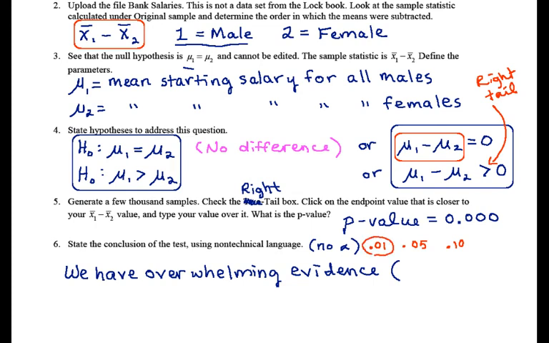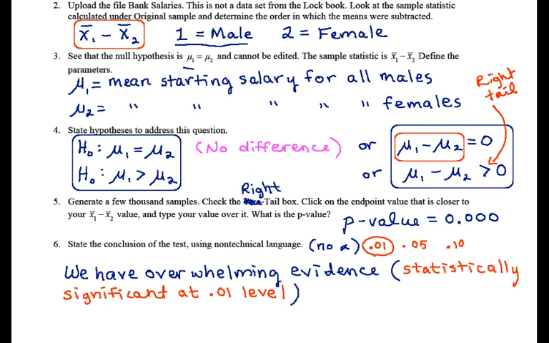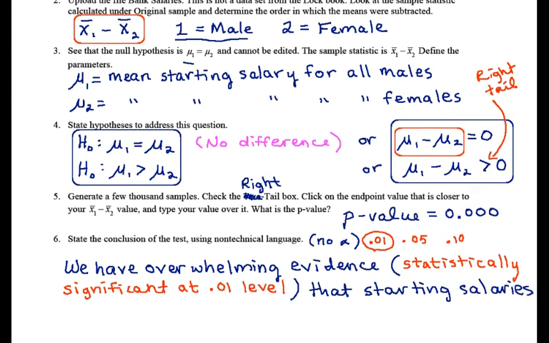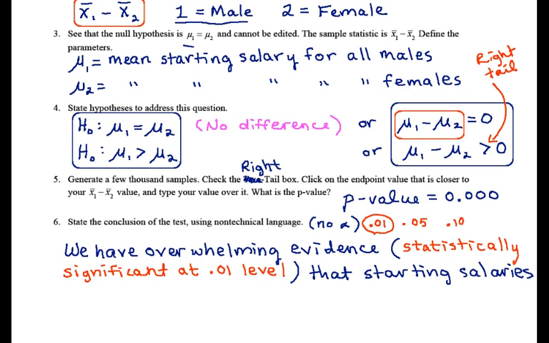Well, we would reject at all of them, so I'm going to choose this smallest one and say, in parentheses, statistically significant at the 0.01 level, meaning that we would reject the null hypothesis at the 0.01 level, that starting salaries in the banking industry in the 1960s were higher for males than for females.